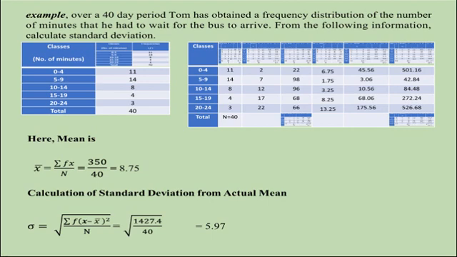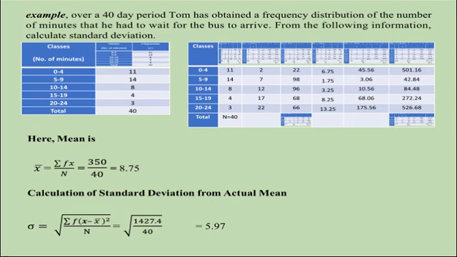Here for calculating mean, we have to multiply f with x, which is mid values. So the total of fx is 350. X bar is equal to 350 divided by 40, which is equal to 8.75.